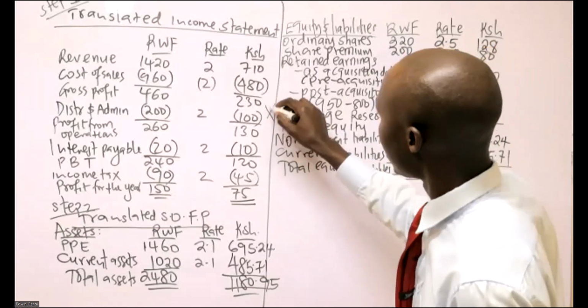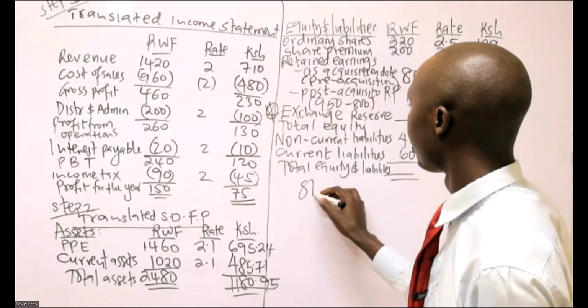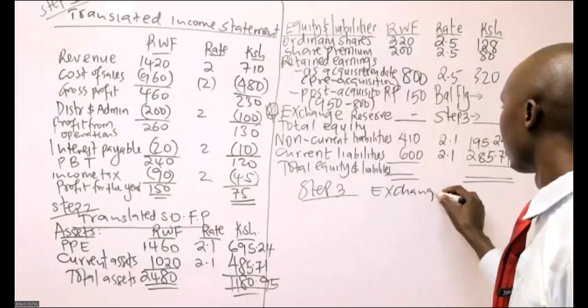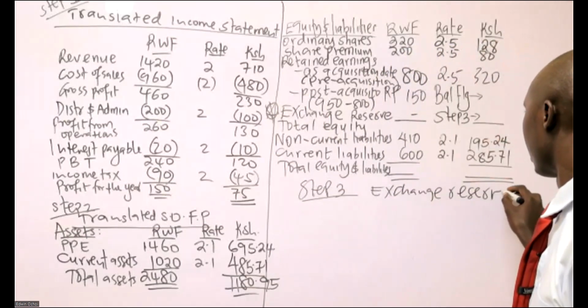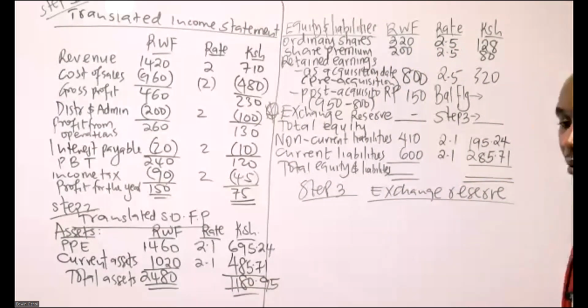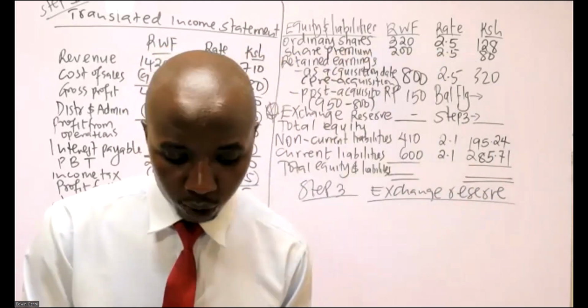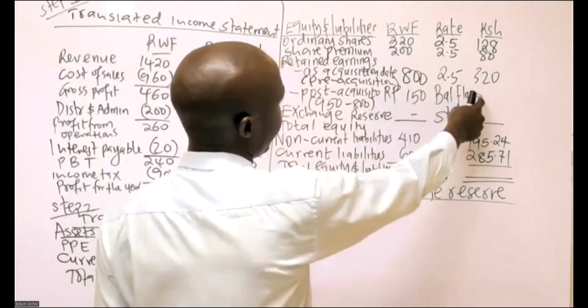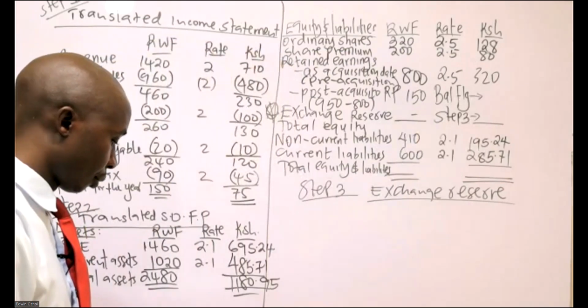So for us to get the exchange reserve, we have to do step 3. Because once we have that aspect of exchange reserve, for the post-acquisition retained profit, this one will be my balancing figure.